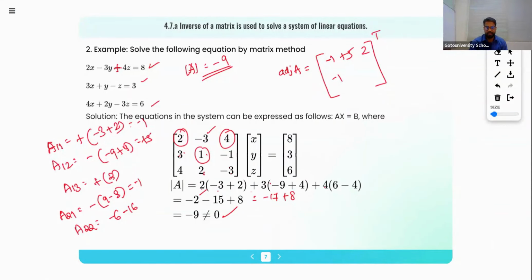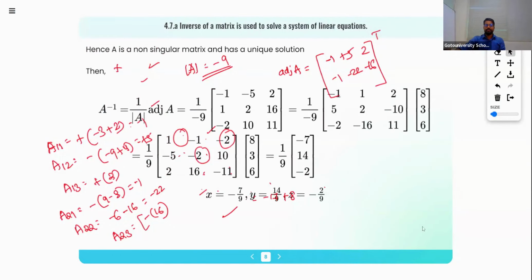Yeah, minus 6, minus 16, which is minus 22. I'll write it here. And A23. What do we have? A23 will be negative sign. After that, what do we have? 2 2s are 4, 4 plus 12, 16. Yes, minus 16. So let's quickly check the cofactors in the next slide instead of wasting our time by solving each and everything.